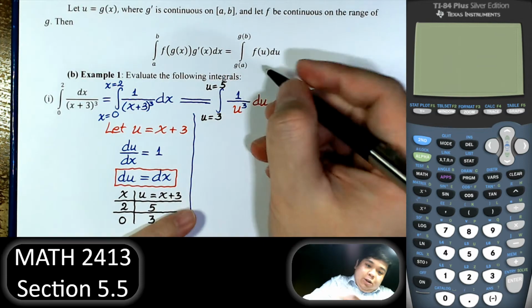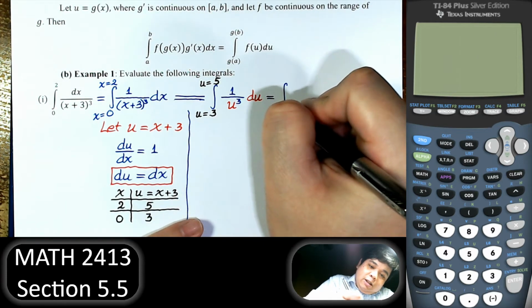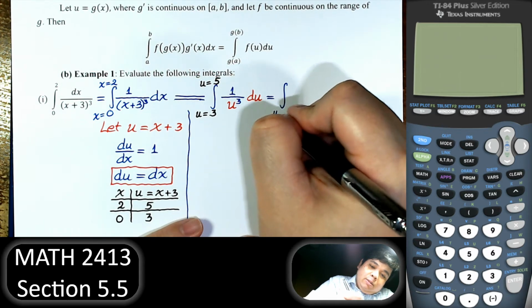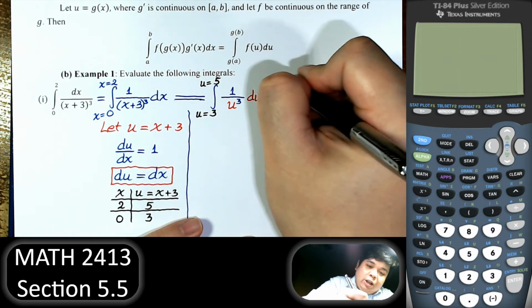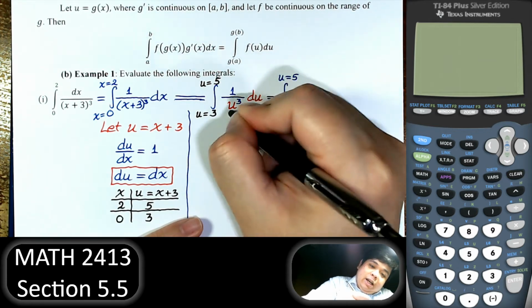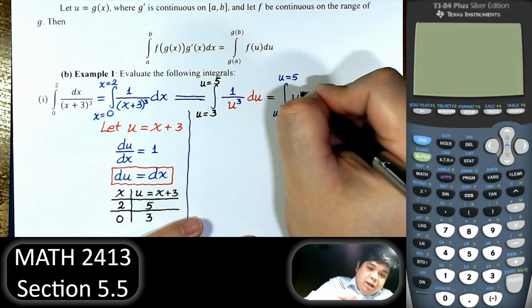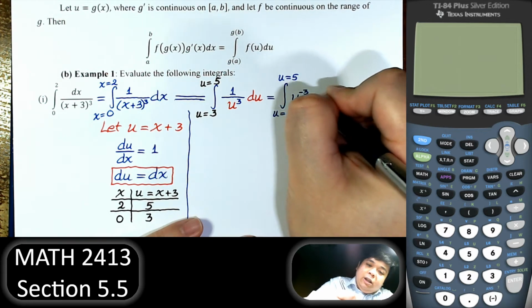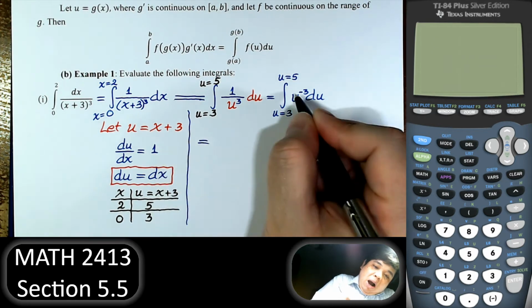Right? So in that case, if you want to be clear, we can just say u equal to 3, u equal to 5. And then integrate this, we move u up, that becomes u to the -3 du. Right. Power rule.